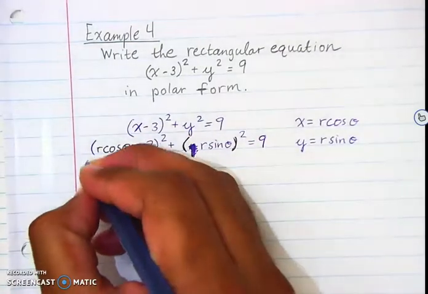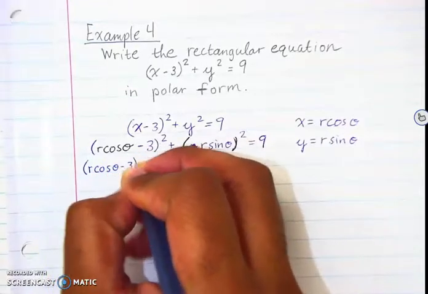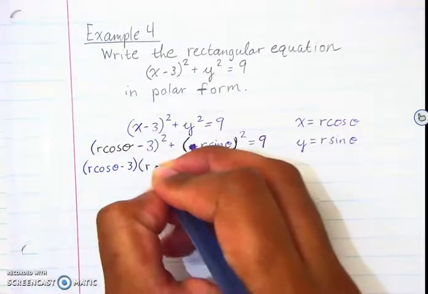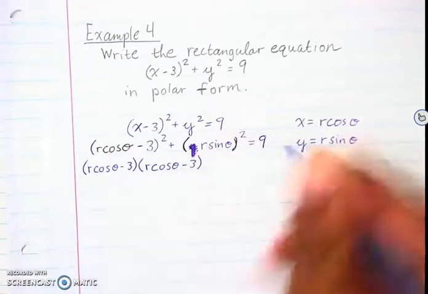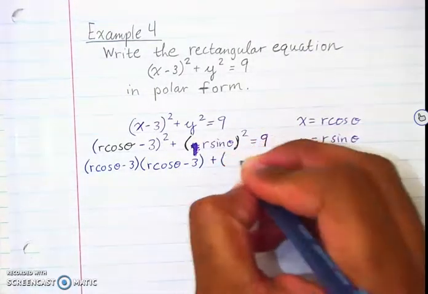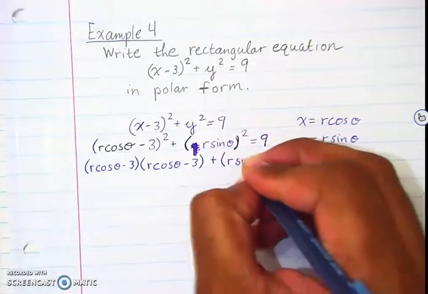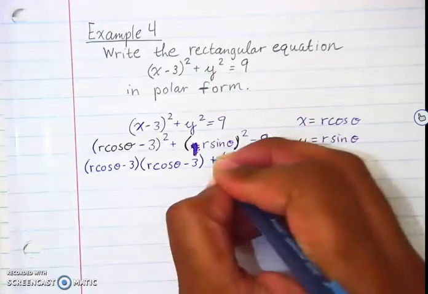I'm doing this extra step, which I didn't do last year. You'll have to do box method or FOIL, whichever one you learned, and I'm going to fly through that part because you already know how to do it.